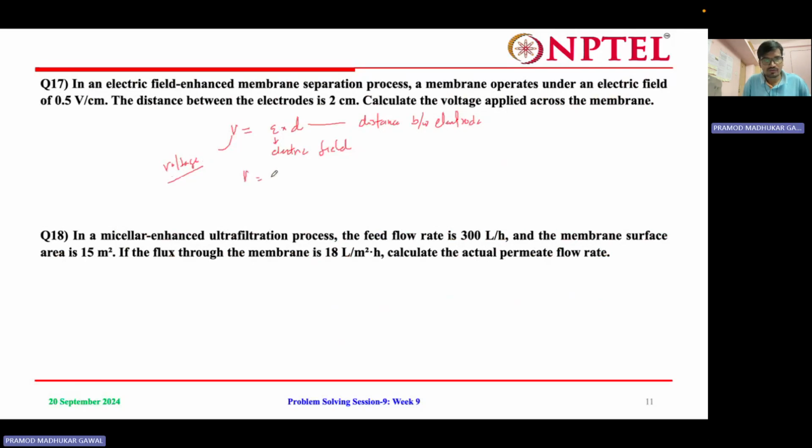So V is equal to the electrical field 0.5 into 2. So 1 volt.